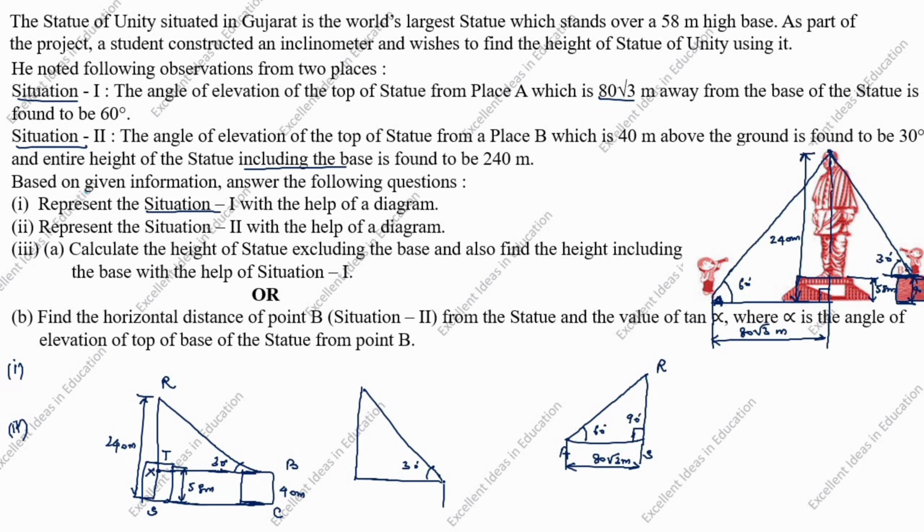So this base height is given as 40 meter. We will join here also. This one is 90 degree. This one we will take as X. This point is R. This height, including base, is 240 meter. This is 40, this is 240 meter. This one we will take as B, as given in the question. This is the situation 2 drawing.